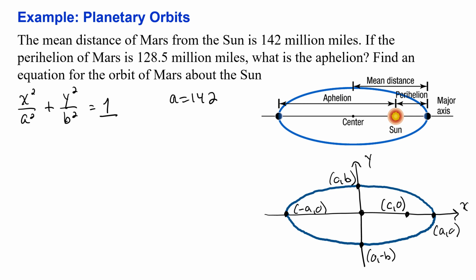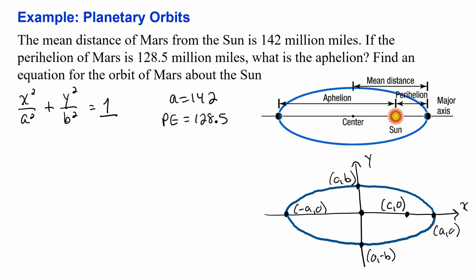I'm going to leave the unit of millions off of each of these numbers, but we know the magnitude of these numbers are in millions of miles. Now, we're also told that the perihelion is 128.5 million, so I will write this down as PE equals 128.5. This isn't necessarily a standard notation, but I'm using the letters PE to denote this distance.